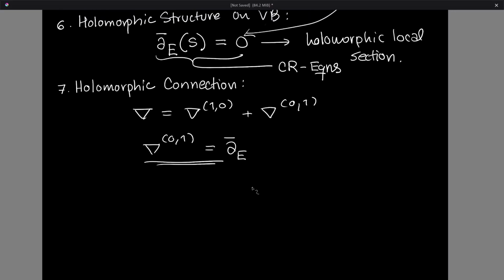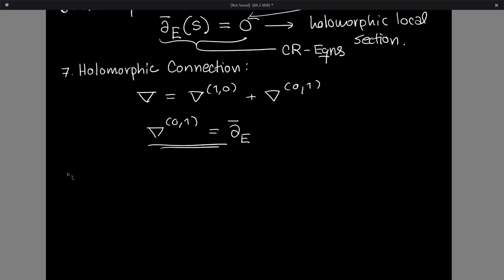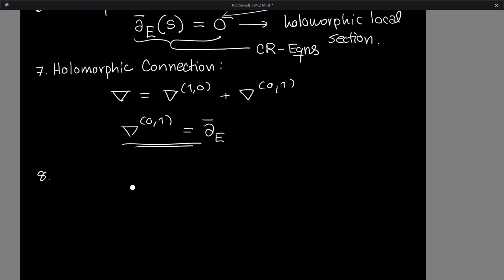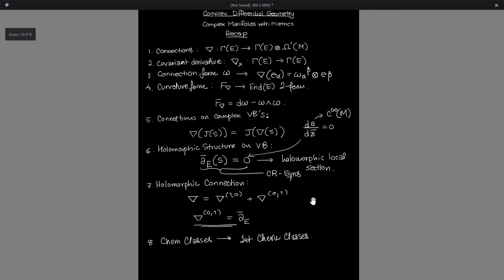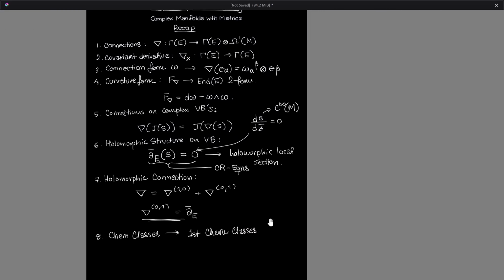So that's what we did. And then lastly, we looked at the Chern classes, and specifically, we looked at the first Chern class and some of its properties. So that was it for lecture 9. This was both part 1 and part 2. We covered quite a bit of stuff.